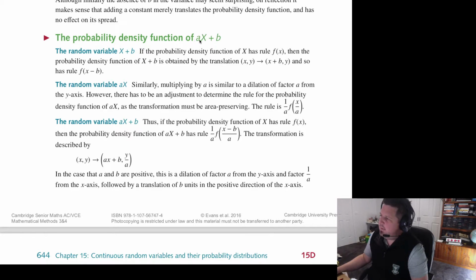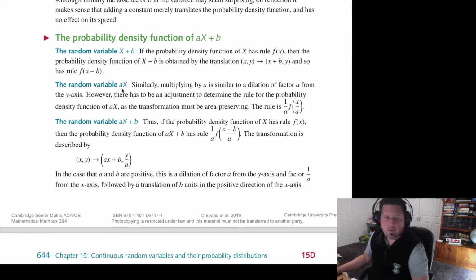Again, the a, so multiplying the x, is similar to a dilation of a factor of a from the y-axis. There's a rule for that, and essentially the rule is 1 over a multiplied by f of x over a. That is important.